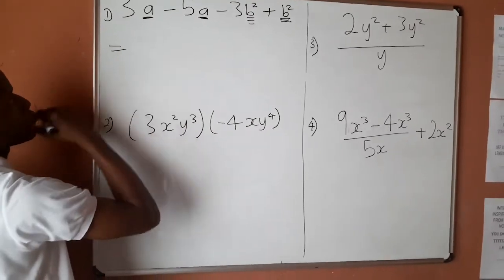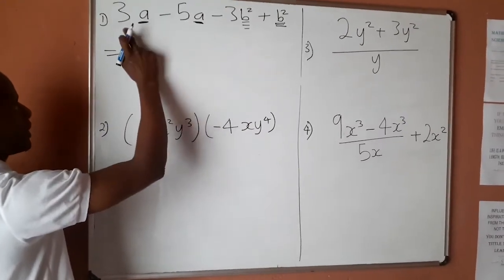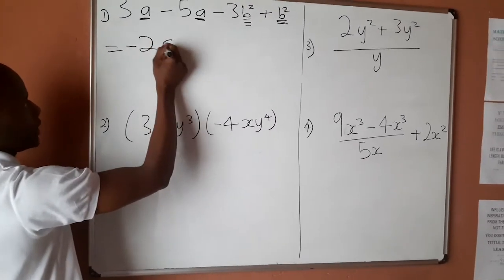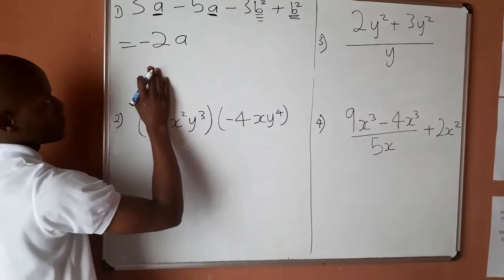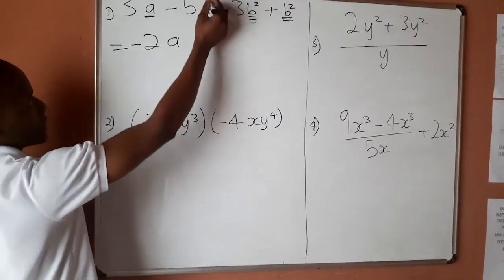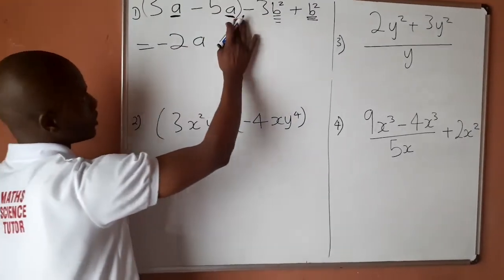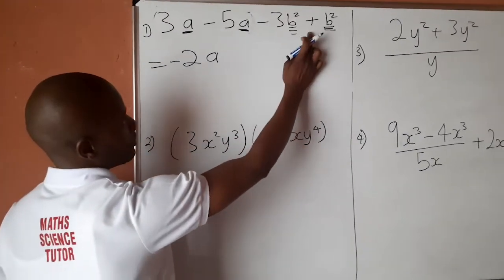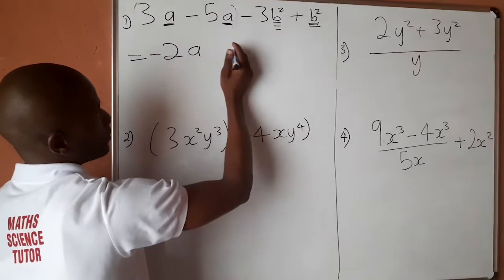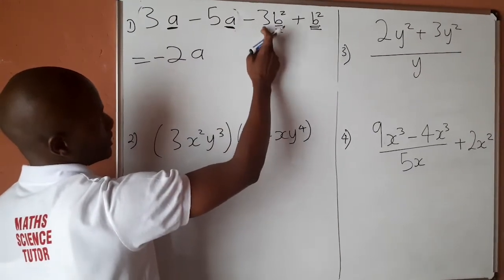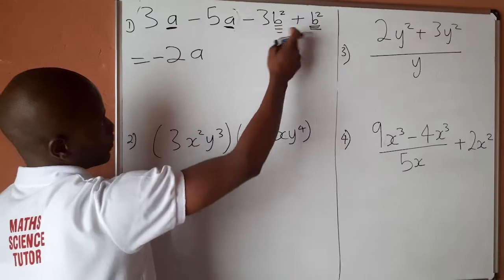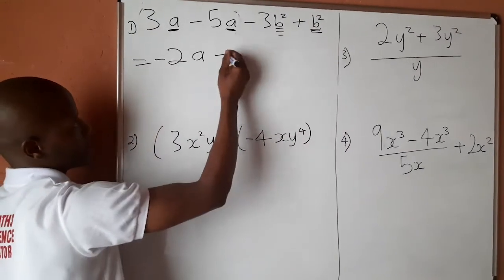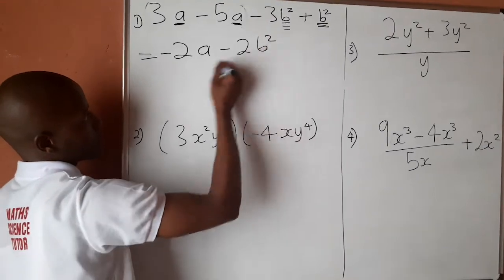So it's going to be 5 minus 3 is 2, and we take the sign of the bigger number, so negative 2a. Like terms: negative 3b squared plus b squared is going to be negative 3 plus 1, which is 2, and we take the sign of the bigger number, so negative 2b squared.